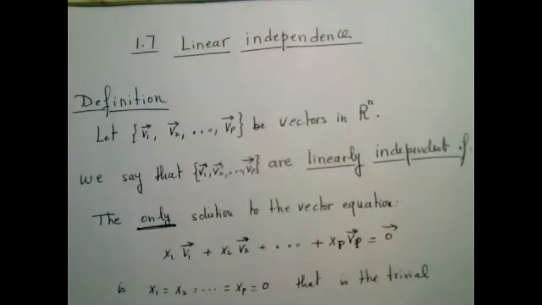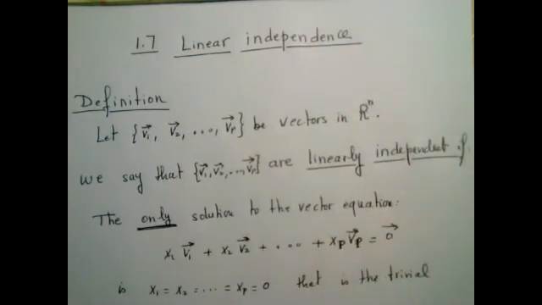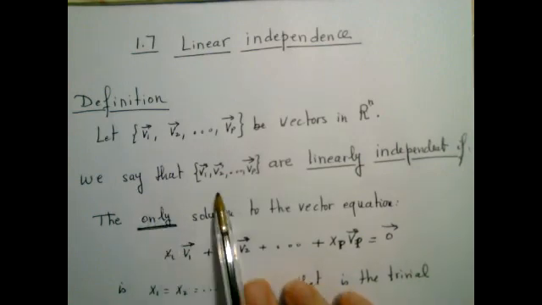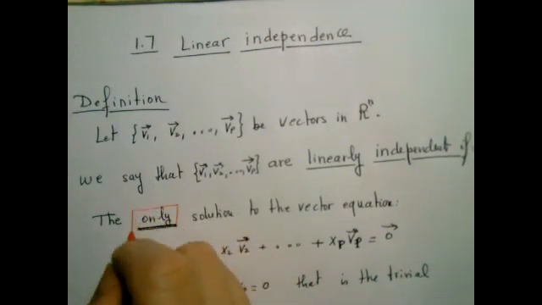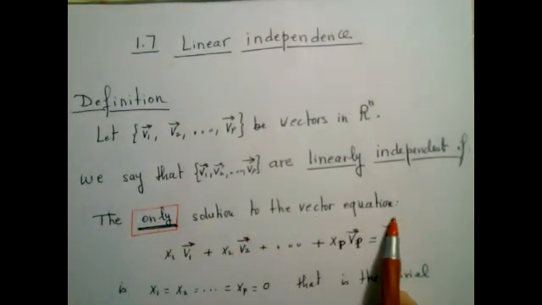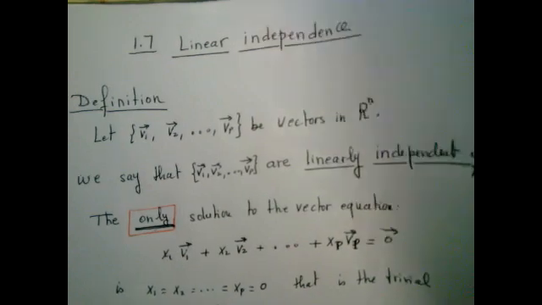Let V1 through Vp, a bunch of vectors in Rn. It means each one of them has n entries. That's what Rn is. Then we say that the vectors are linearly independent if the only solution, which I marked carefully, the only solution to the vector equation x1 v1 plus x2 v2 plus ... plus xp vp equal to 0 is the trivial solution.